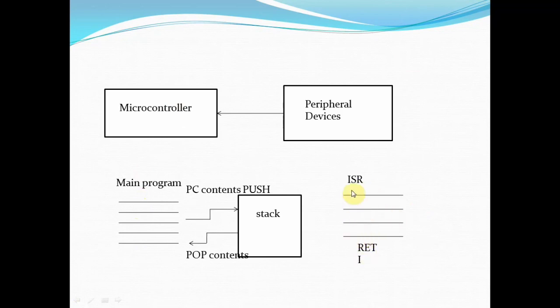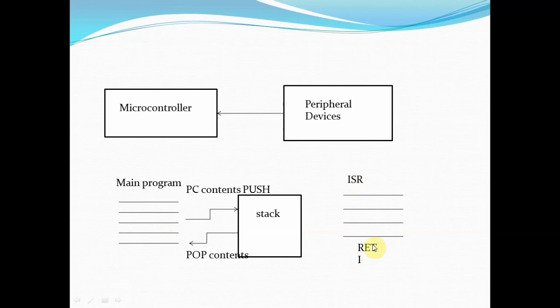The ISR addresses I have already shown you in the previous slide. Depending upon the type of the interrupt generated, you have to write the interrupt service routine, and the microcontroller will transfer the control to that particular ISR and start executing it. The last instruction in the interrupt service routine is a RETI instruction.